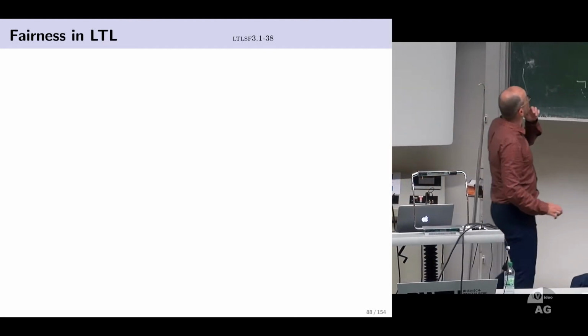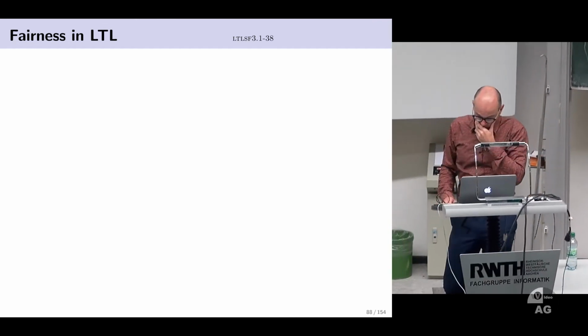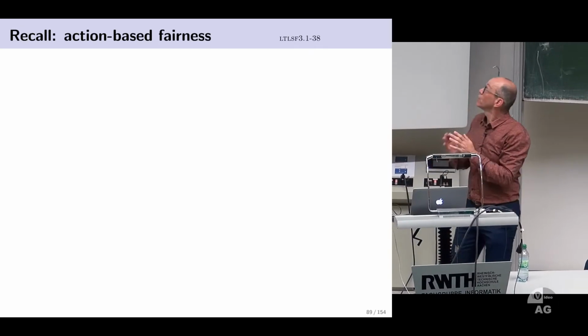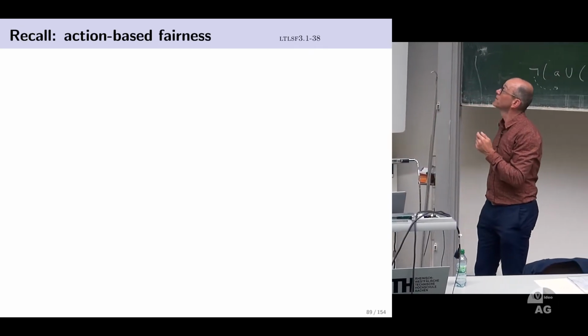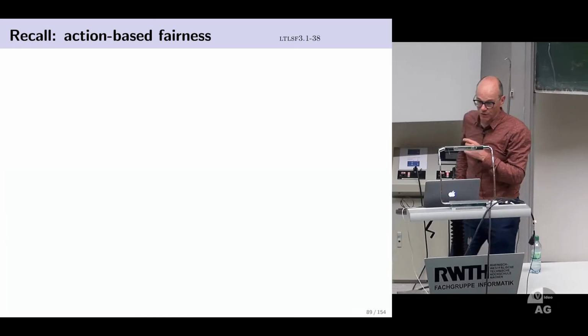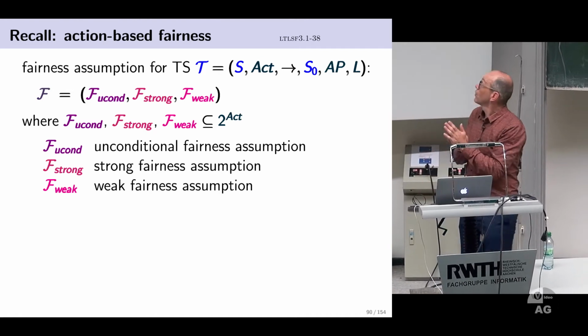Okay, the last part I'd like to deal with today is fairness. I first briefly recall what is action-based fairness, and then we're going to see how you can model action-based fairness in terms of LTL. Good. So remember what fairness was.